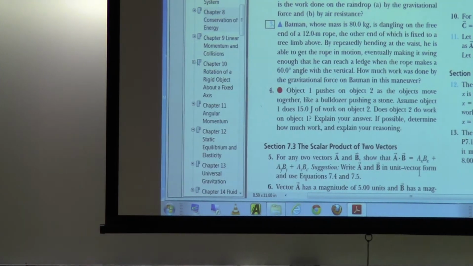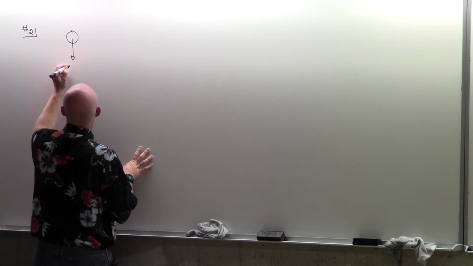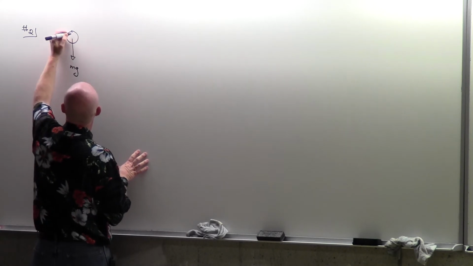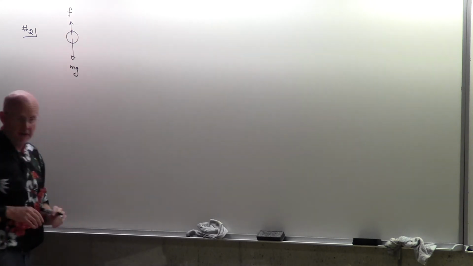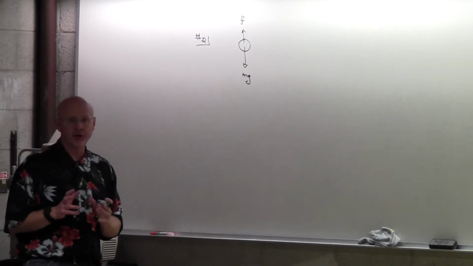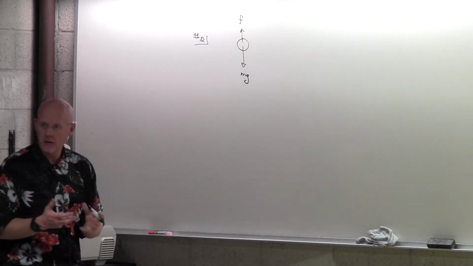All right, maybe it's worth saying, okay, here's my raindrop. Here it is being pulled down by gravity. Here it is being lifted up by the air resistance, the friction. I'm kind of torn on what symbol to use here. Because in chapter 6, for air resistance, didn't we use the R?